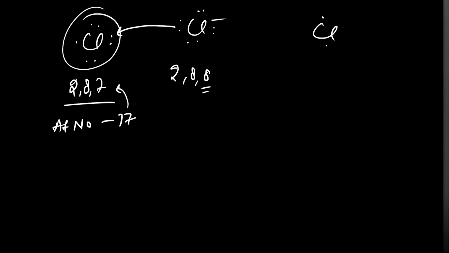So if two Cl minus ions come together and want to bond to form Cl2, they have to lose 1 electron each, and then they will make a sharing bond, which is called a covalent bond.